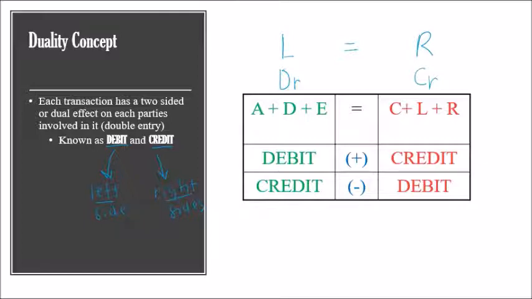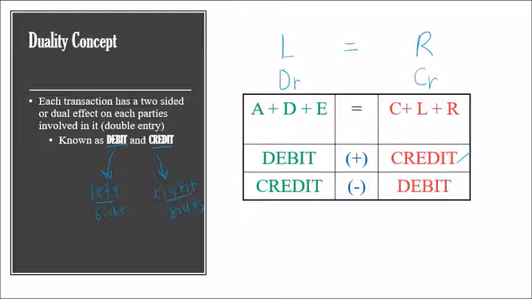Whereas for the right side, which is the credit side, you have the CLR, they increase on the credit side, meaning the right side. So if the CLR is put on the right, aka the credit side, they will increase.